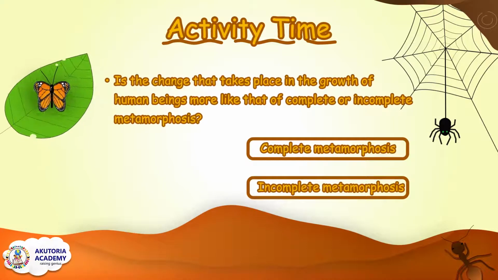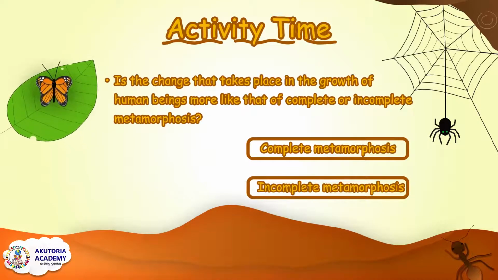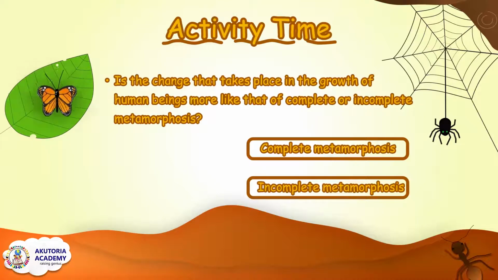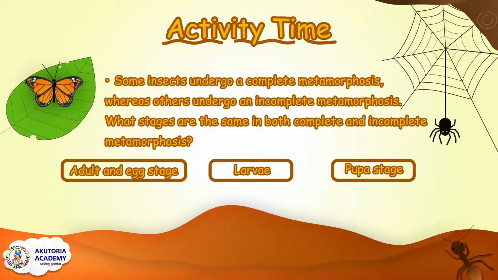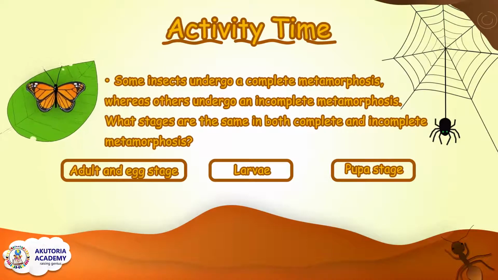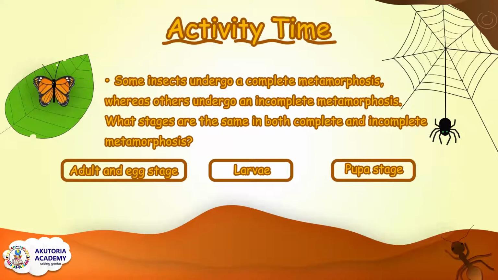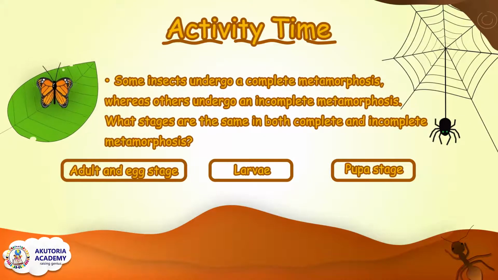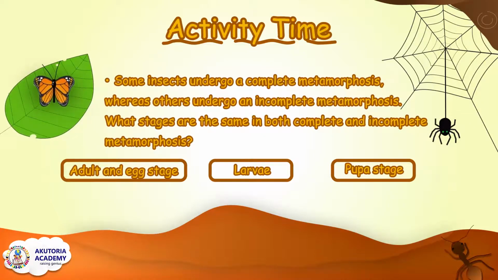Is the change that takes place in the growth of human beings more like that of complete or incomplete metamorphosis? Some insects undergo a complete metamorphosis, whereas others undergo an incomplete metamorphosis. What changes are the same in both complete and incomplete metamorphosis?